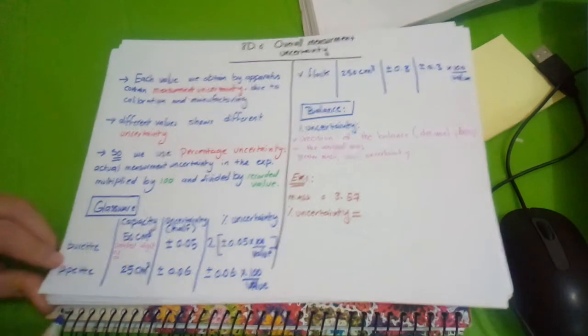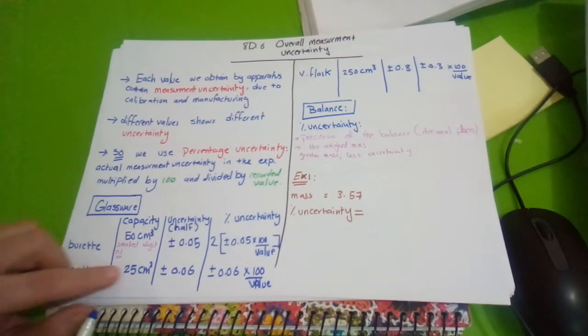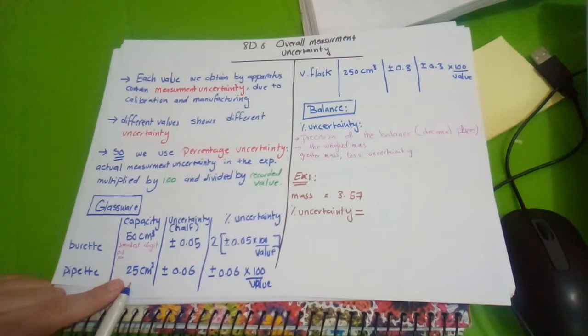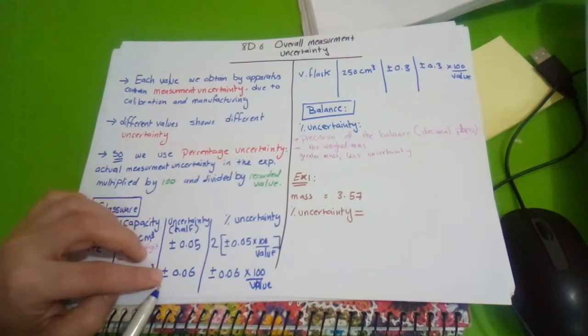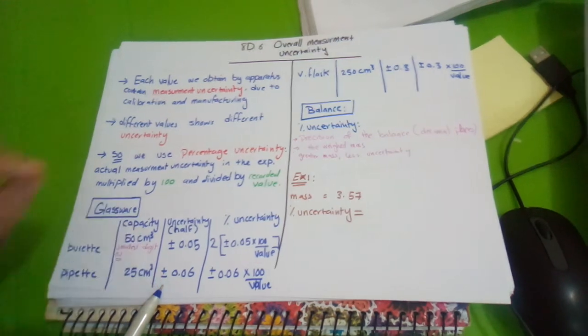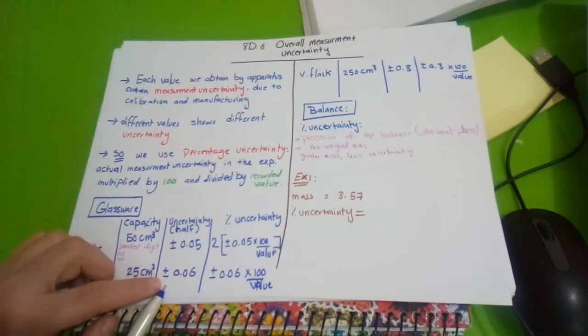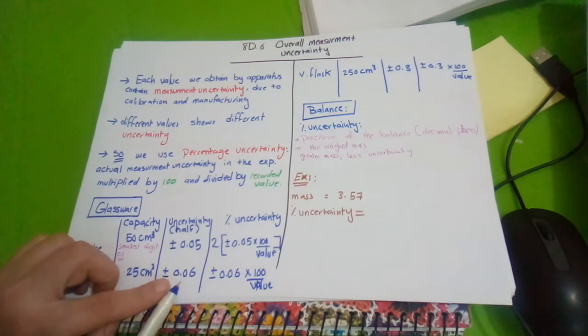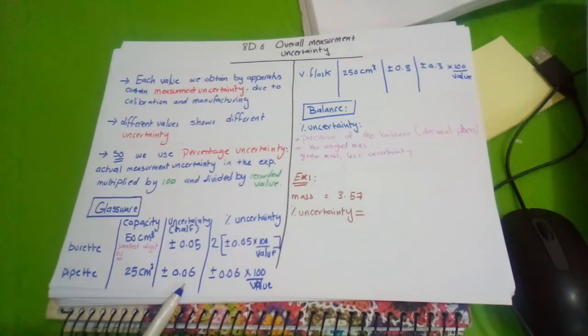Let's go for the pipette. The capacity for a typical pipette is 25 centimeter cubed. The uncertainty, let's assume, according to the pipette's decimal places, is plus minus 0.06. This is according to the smallest digit you can read from your pipette.